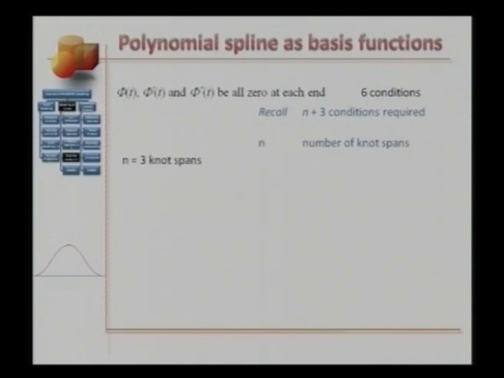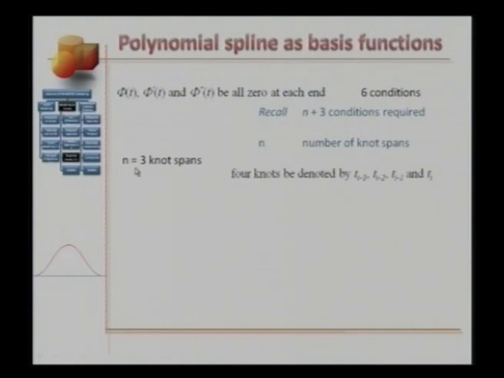Well, let's try to compare that we require n plus 3 conditions and we already have 6 conditions. That means n would be 3. 6 minus 3. We would require a minimum of 3 knot spans to try to construct this bell-shaped curve.